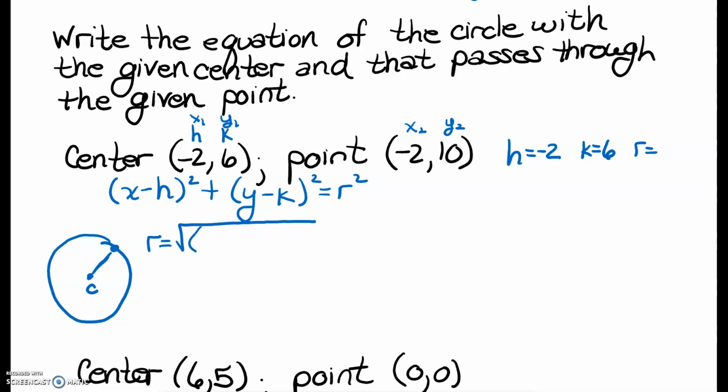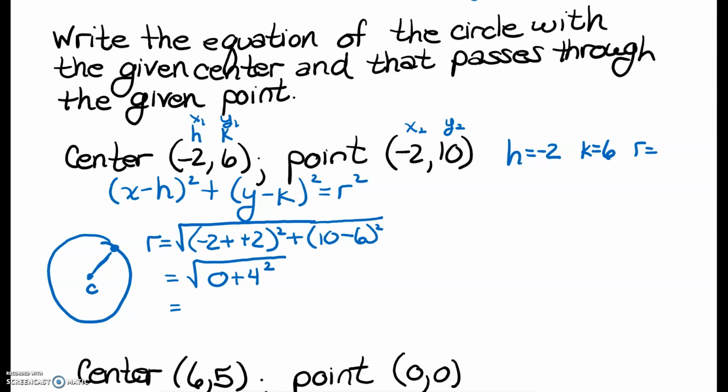So I'm going to say (-2 - x1)² plus (10 - 6)². I'm going to get rid of my double signs here, and I know -2 plus 2 is just 0. 10 minus 6 is 4. So what's the square root of 16? It's just 4. My radius is 4. I was just using the distance formula with the center and the point.